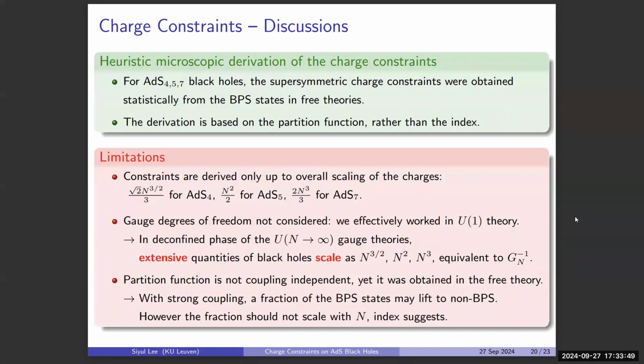However, that fraction should not scale with N. Otherwise, the index also, when counting the number of BPS states, would not be able to give you the correct answer when calculated at small couplings. So although not fully answered, these two factors might play with each other to address the factors that were put under the rug.